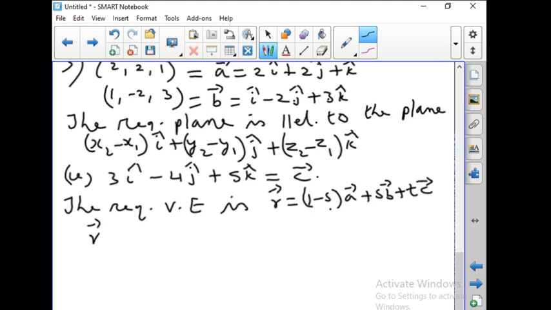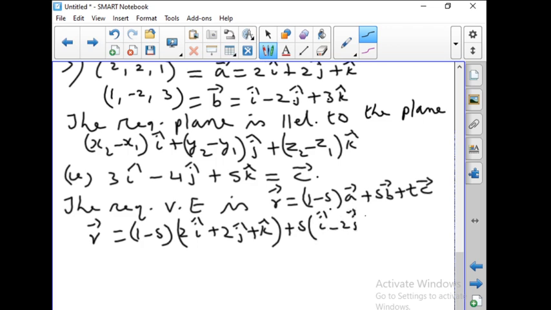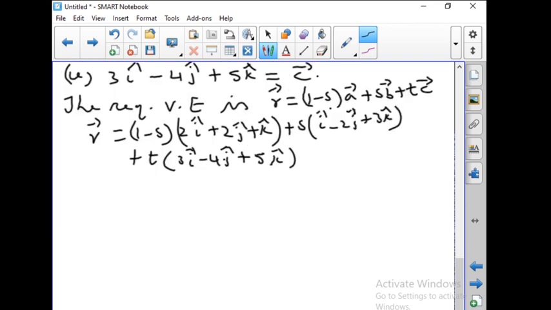So R vector is equal to (1 minus s) into (2 i cap plus 2 j cap plus k cap) plus s into (i cap minus 2 j cap plus 3 k cap) plus t into (3 i cap minus 4 j cap plus 5 k cap). So this is the vector equation.